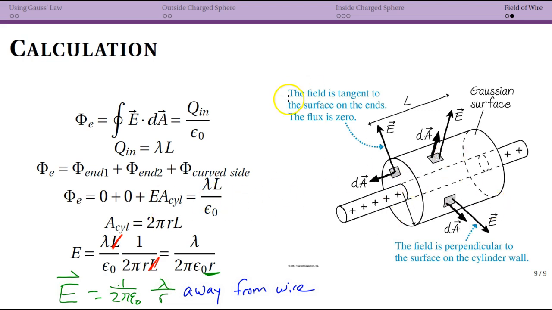So this is a helpful thing. Anytime you have an infinite object, you can't actually hold infinite charge. Always make sure you have a finite Gaussian surface. So hope this makes sense. Again, these three examples were really meant to show you the power of Gauss's law. You should be ready to apply it to similar but different situations.